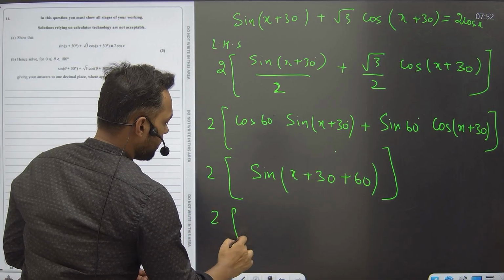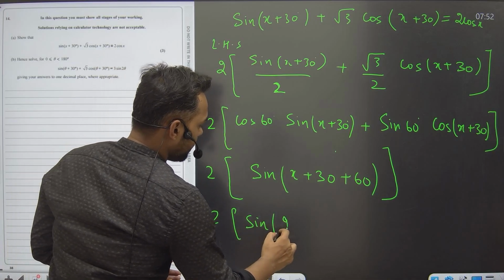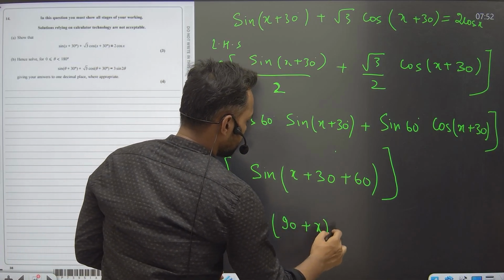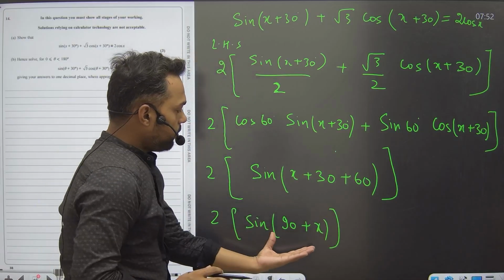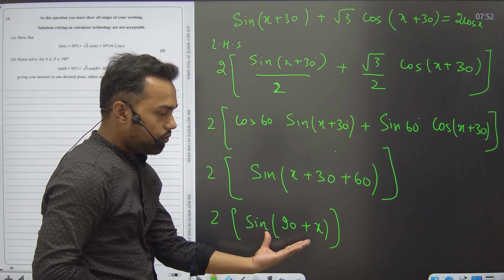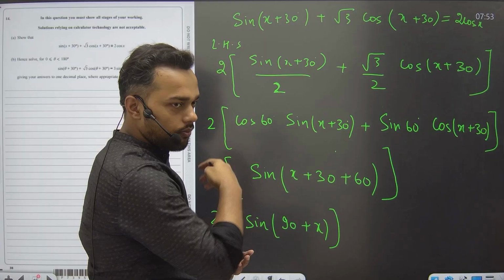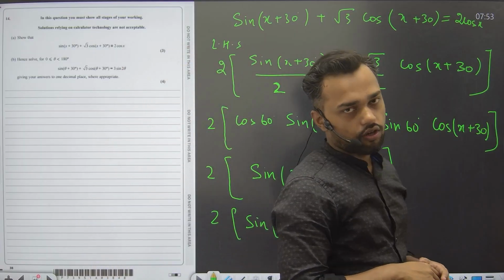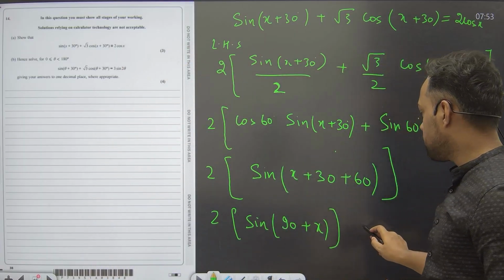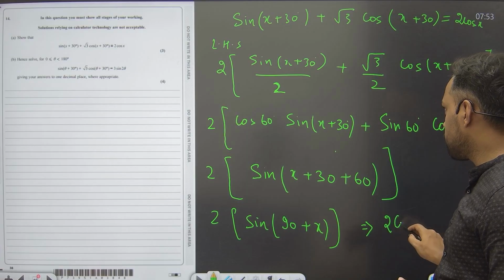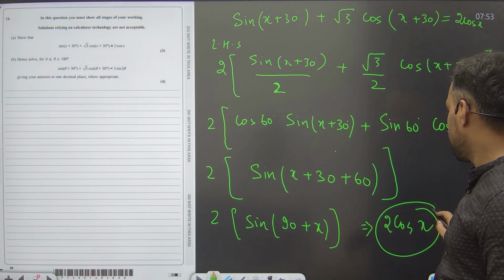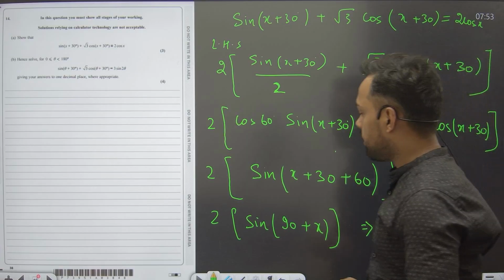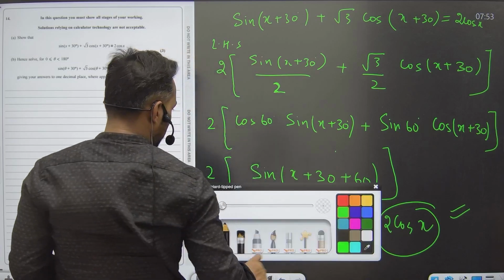So what will be the value? 2 sine of 90 plus x. We know this is the second quadrant, so sine 90 plus x is equal to cos x. So 2 cos x will be the solution. Okay, this is the first part, students. Now for the next part.